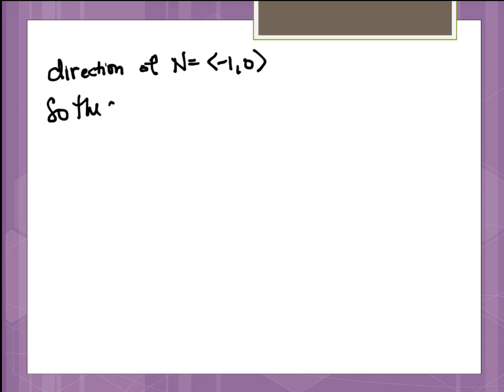So the center is at, so it's this component 2, I'm going to subtract off 9/2, which is going to give me -5/2, and the 0 didn't change this one at all.